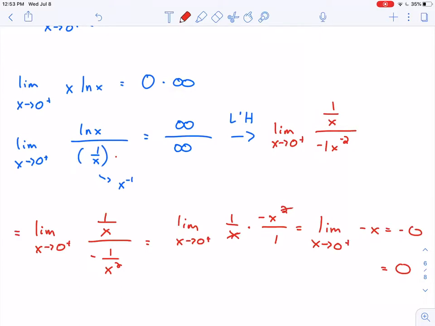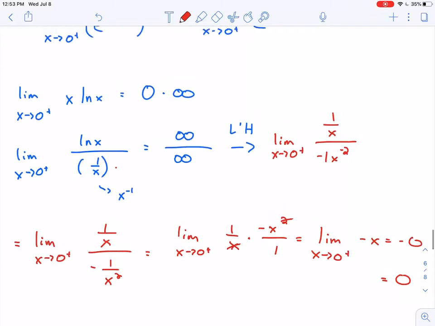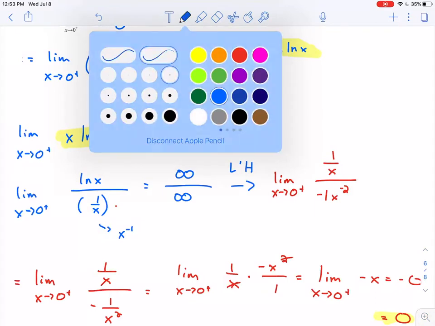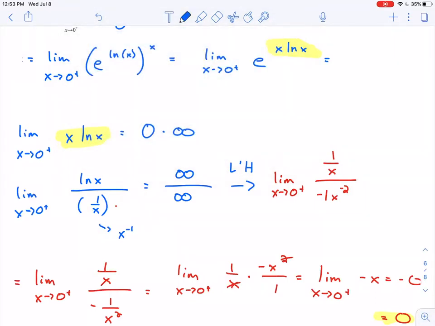No, of course not. What were we looking at? Remember that this x natural log of x, the limit of 0 that we just found, that was just the power. So I just have one more step to take here. If I go back to my original limit statement that I was working with, I say, hey, this power, I know that that approaches 0.